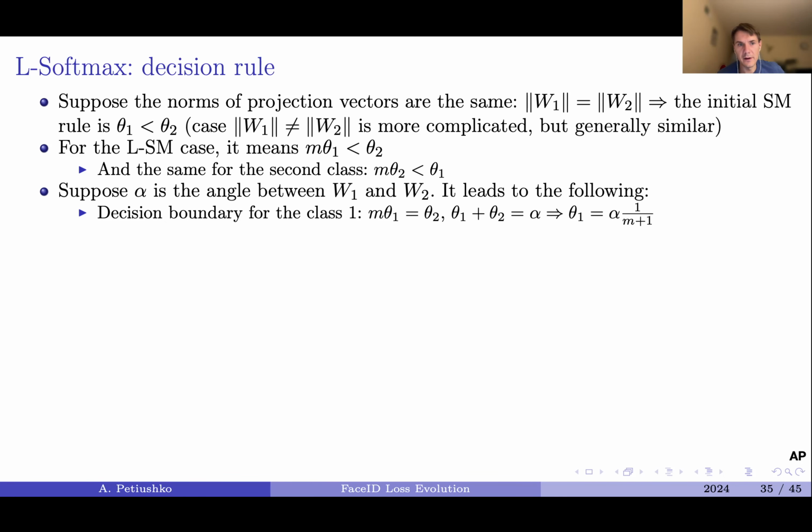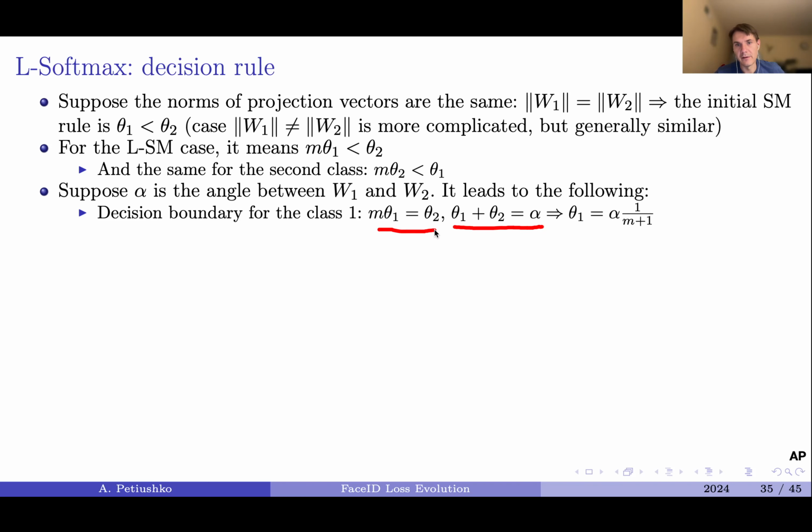Suppose that alpha is the angle between these two classifiers, W1 and W2. It leads us to the following. For the decision boundary for class 1, we take not less than, but equals to. At the same time, theta 1 and theta 2 together constitute the initial angle between W1 and W2.